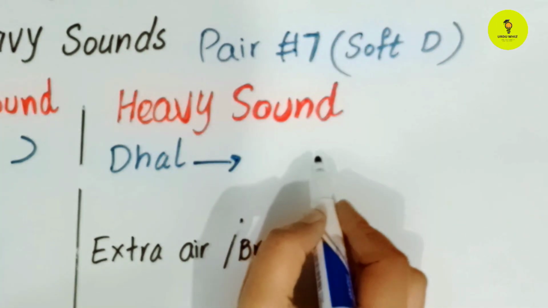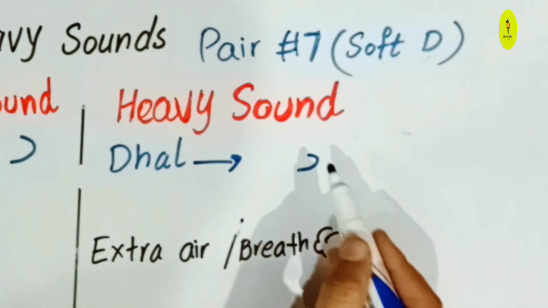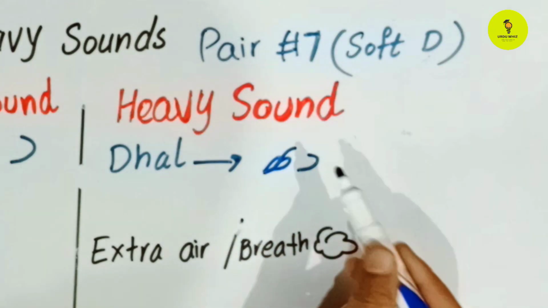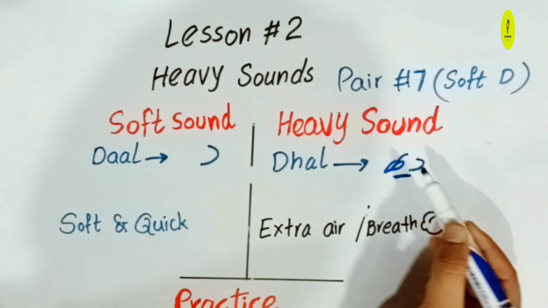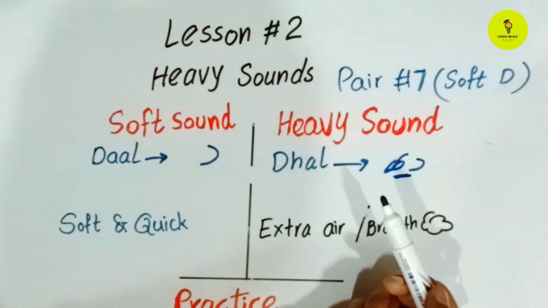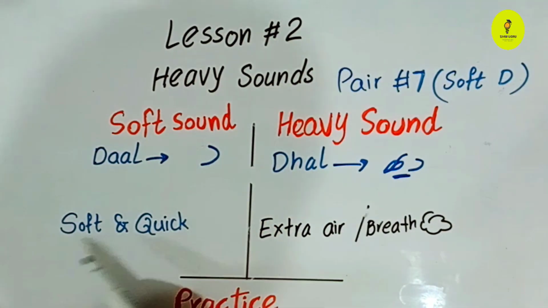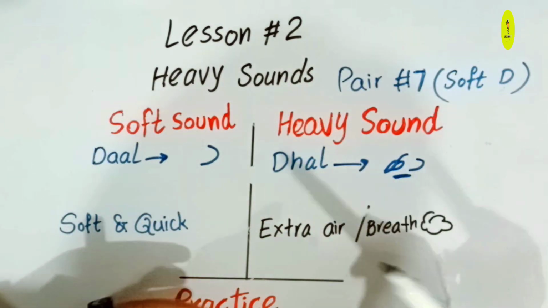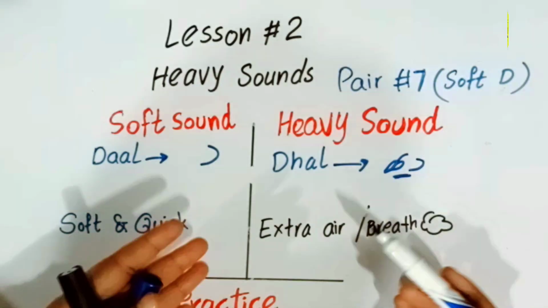Now I will write its Urdu here. The soft sound of Daal is quick and soft, but the heavy sound of Daal is with extra air or extra breath.